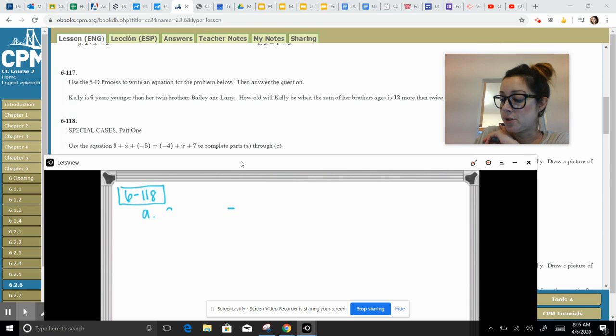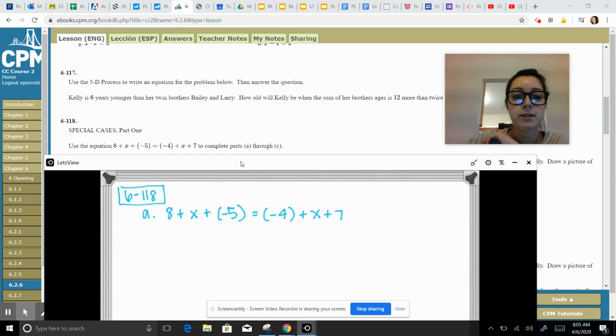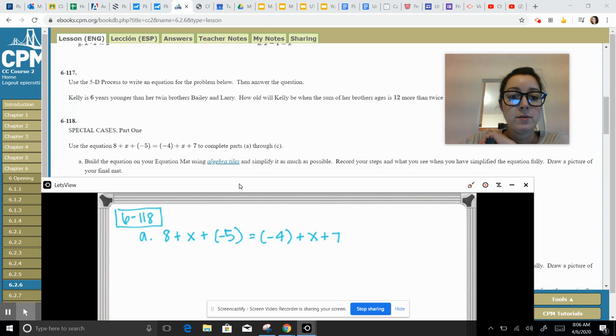We're looking at this equation, 8 plus x plus -5 equals -4 plus x plus 7. The first thing they ask you to do is to build the equation on your equation mat using algebra tiles and simplify it as much as possible. Then be sure that you're recording your steps and what you've done.